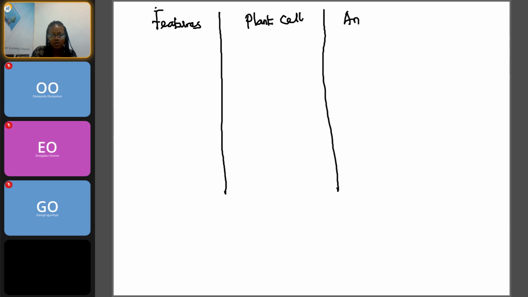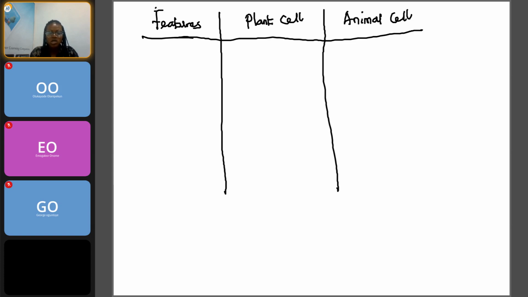We have the animal cell. So what we are going to be doing is to list out the differences between the plant cell and animal cell using the structure that I wiped off now.